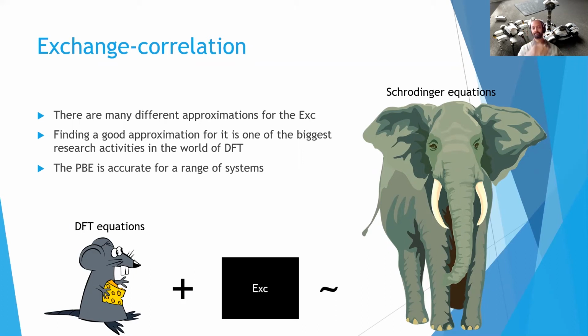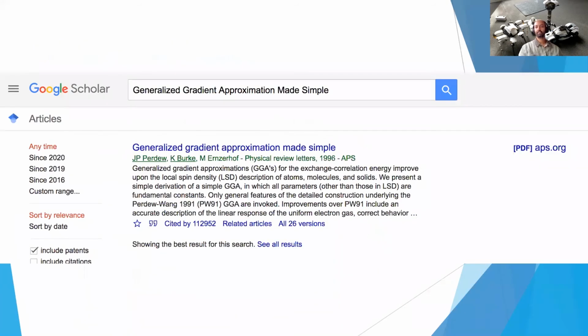So let me just show you how popular the PBE exchange correlation is, the number of times it has been cited. Actually, this slide here is 1 year old. So I think this number, 112,000 citations for a single paper, man. Just one paper. You see these 3 guys here, Perdew, Burke, and Ernzerhof. I mean, come on. One paper, 112,000 citations 1 year ago.